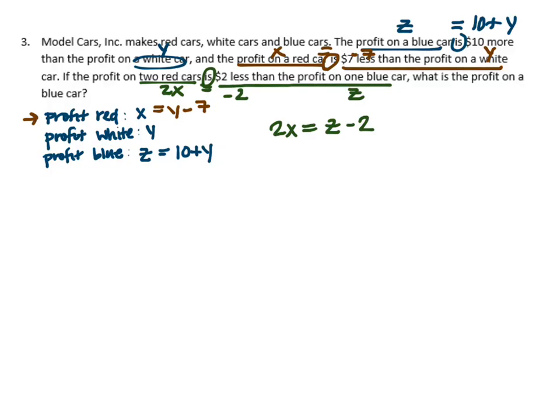And the identifying factor that we're wanting to find out here is what Z is equal to, because Z is representing the profit on the blue car. Now, I'm going to do a lot of substitution here. And when I substitute, it's going to indicate a couple of pieces.